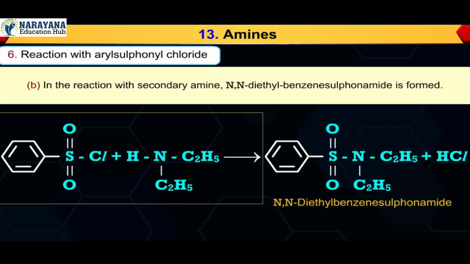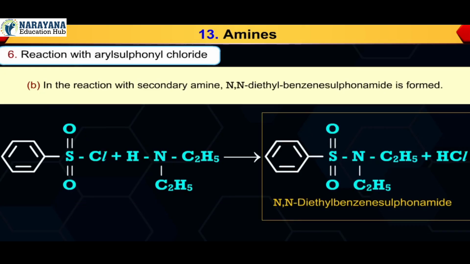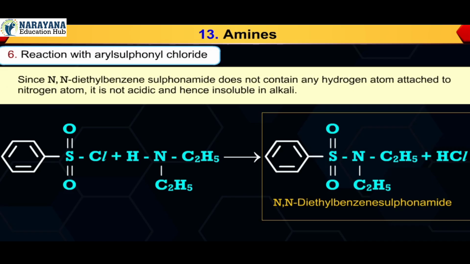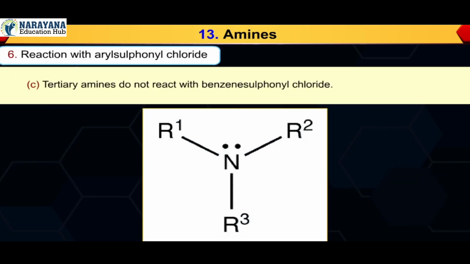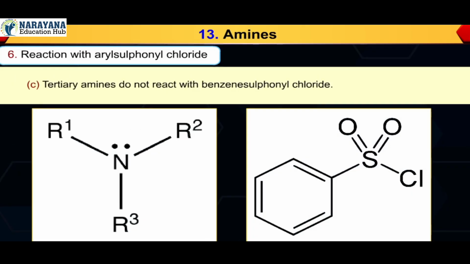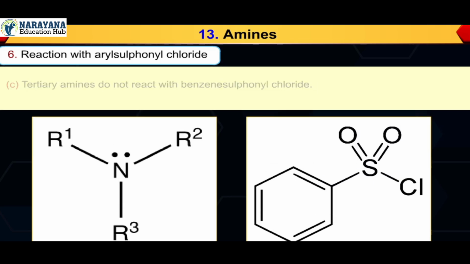B. In the reaction with a secondary amine, N,N-diethylbenzene sulfonamide is formed. Since N,N-diethylbenzene sulfonamide does not contain any hydrogen atom attached to the nitrogen atom, it is not acidic and hence insoluble in alkali. C. Tertiary amines do not react with benzene sulfonyl chloride.